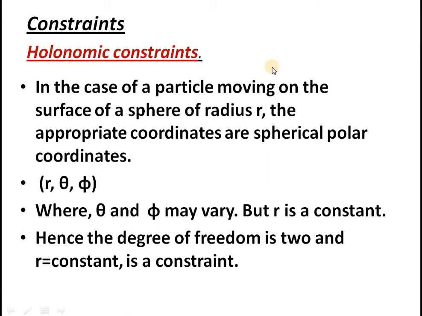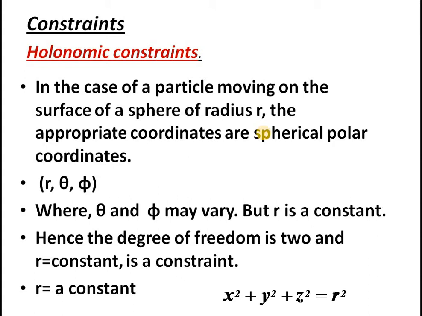For a particle moving on the surface of a sphere, it is confined to move on the sphere. So in that case, the radius from the center is a constant. Imagine, for example, an ant moving on the surface of a ball.